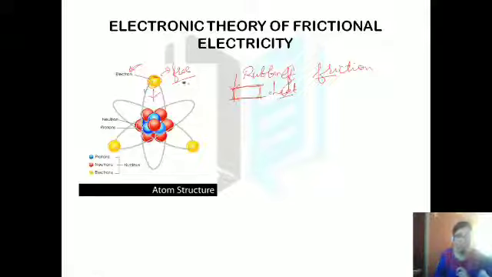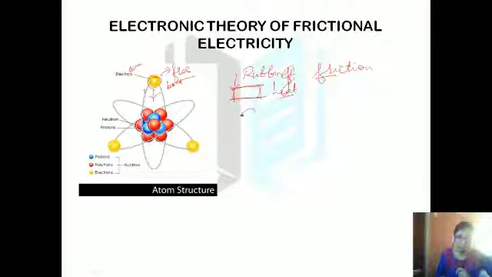That means the electron will acquire some heat energy, enough to break its bond with the other electrons and with the nucleus, and it will be free to move. That means it will give out this electron.